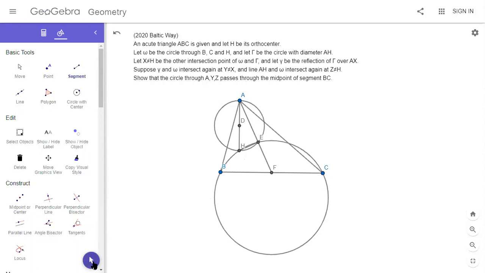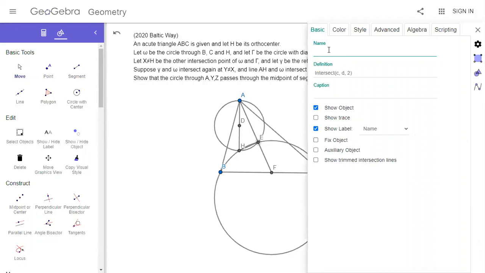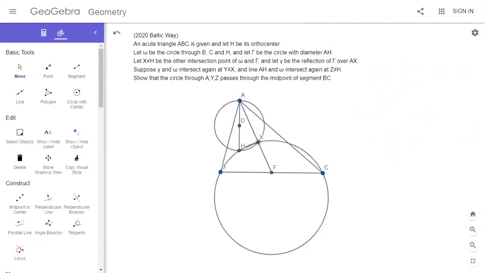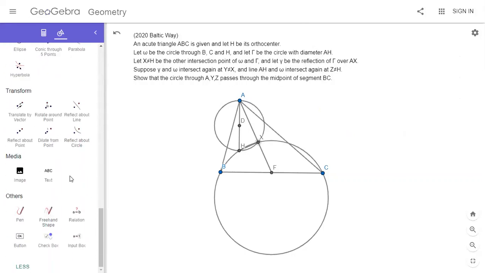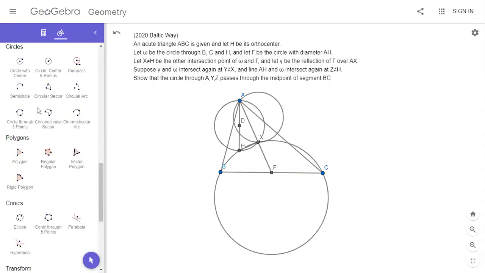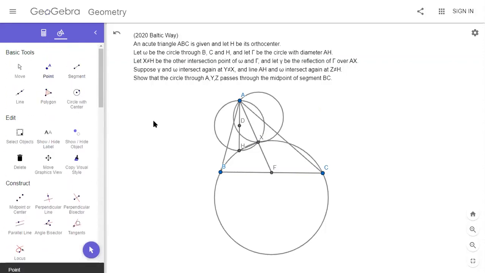Okay, so they call this X. And then they try to reflect the whole circle over AX, which is interesting. So I'm reflecting this circle about that line. And then we have another intersection point.